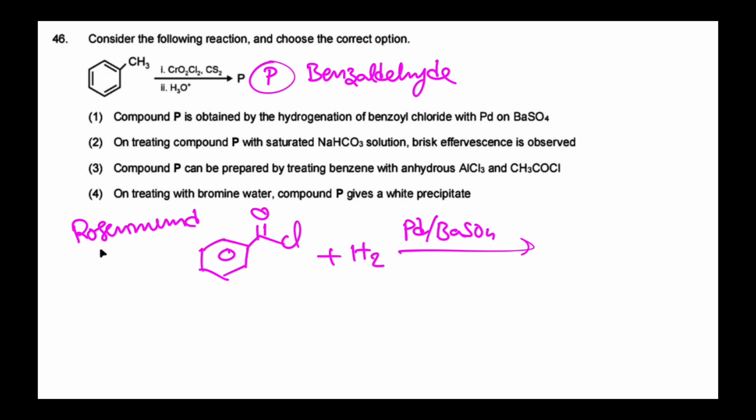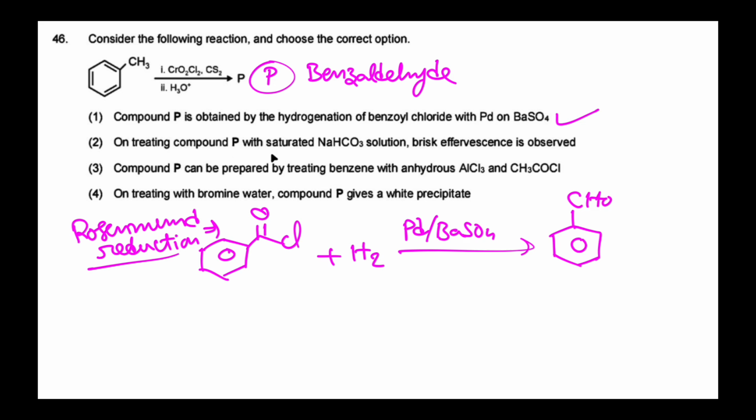In the Rosenmund reduction, benzoyl chloride can be converted into benzaldehyde. Same as before, P is also benzaldehyde. So the first option is correct. Then go to the second option.